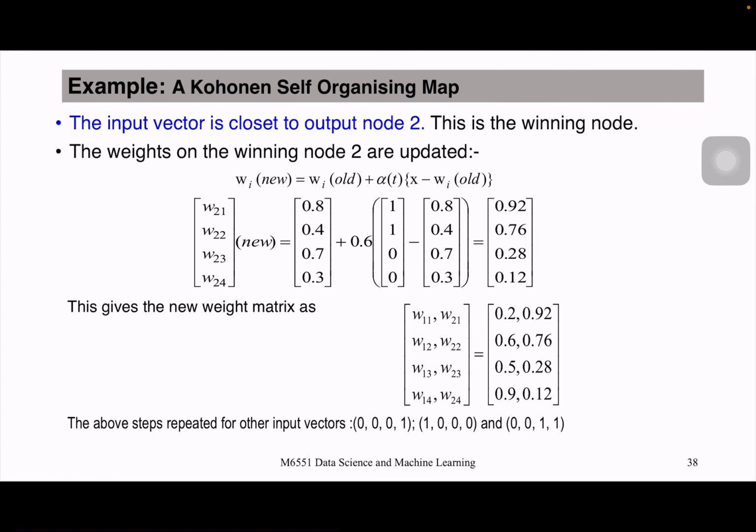Then you have the matrix and subtract, which gives you a new node, and then the new weight matrix will be as given. The same step is repeated for the input vectors 0001, 1000, and 0011. So you do all these three.